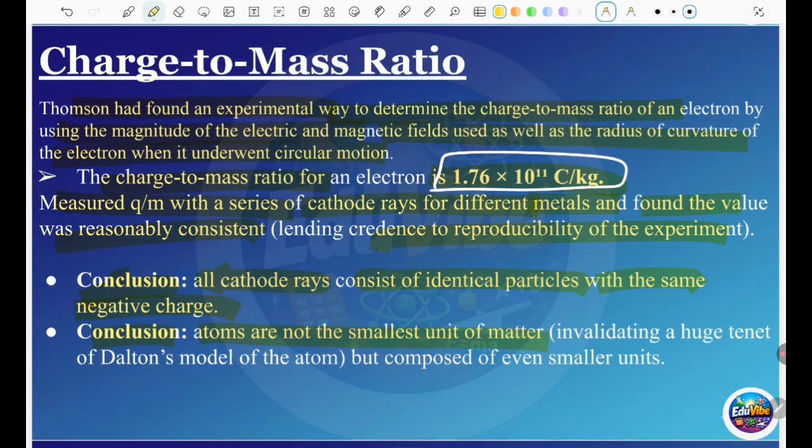From here, they invalidate Dalton's model of the atom, which we discussed in the first points, since atoms are composed of even smaller units.